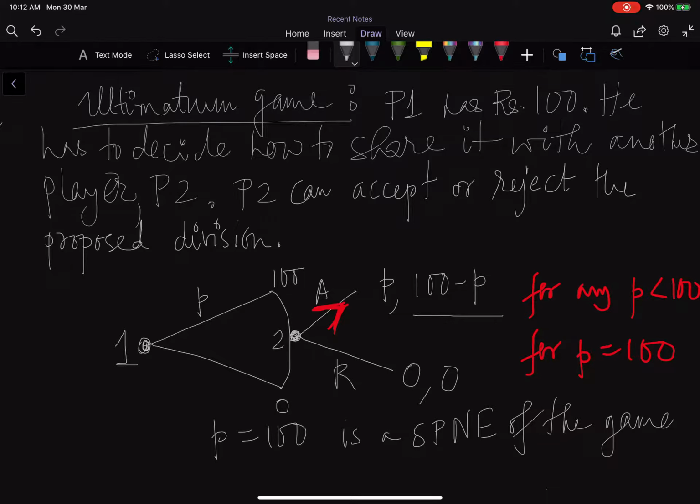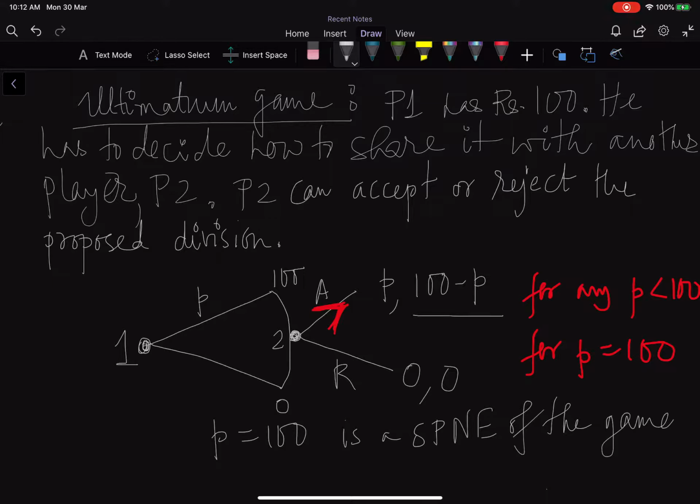Sometimes it depends on how player 1 got this 100 rupees. Sometimes player 2's rejection strategy in an experimental lab setting is a function of how this 100 rupees is arrived at. Suppose before they play this game, in some cases experimenters have made player 1 work hard to earn 100 rupees, and player 2 knows.